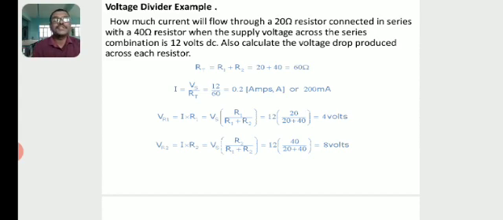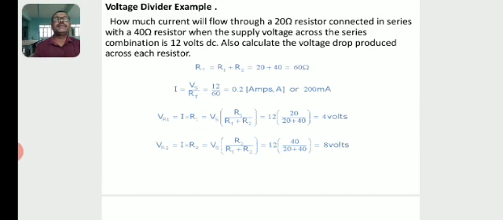This is the current that flows through the combination. Then the voltage drop across resistance R1, VR1, is equal to I into R1, which is equal to Vs into R1 by R1 plus R2, which is 12 into 20 by 20 plus 40, equal to 4 volts. That means 4 volts is the voltage drop across the resistance R1.